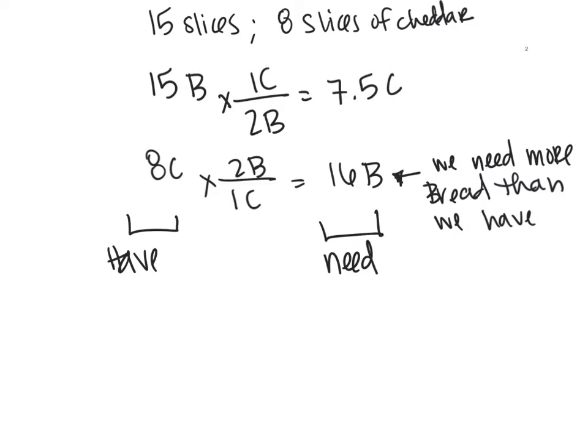So let's think about this top example. If we have 15 slices of bread, we need 7.5 slices of cheese. Well, we have 8 slices of cheese, so we are going to have enough cheese. If we want to use all of the cheese, we need 16 slices of bread. We're 1 slice of bread short.